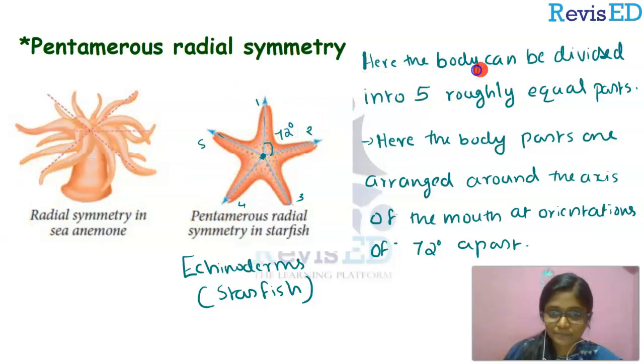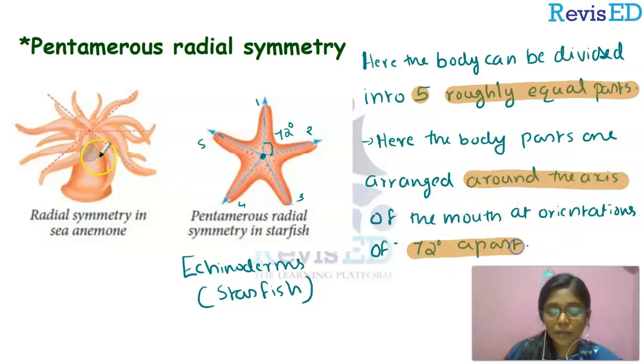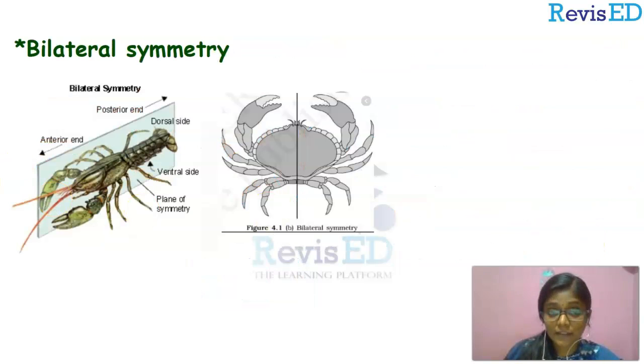And this is pentamerous radial symmetry. So here the body can be divided into 5 roughly equal parts, arranged around the axis of the mouth in echinoderms, at 72 degrees.